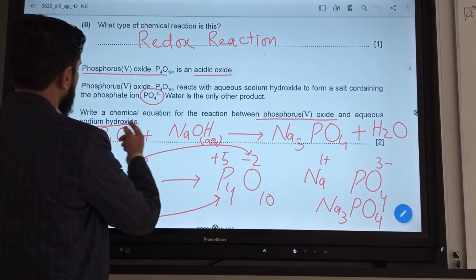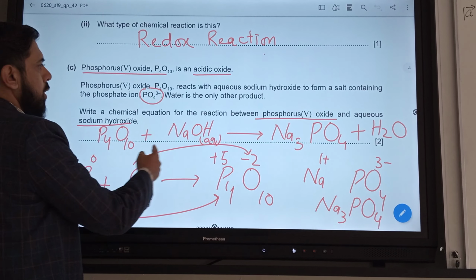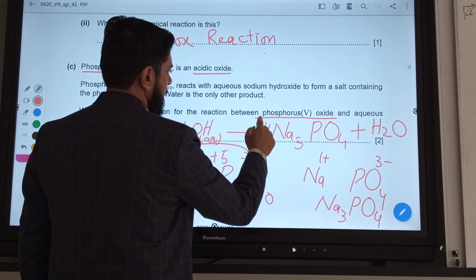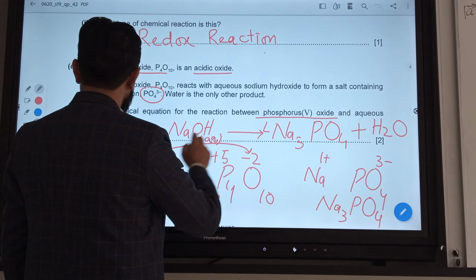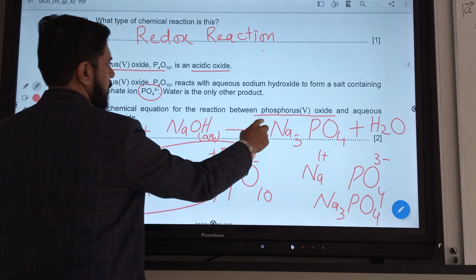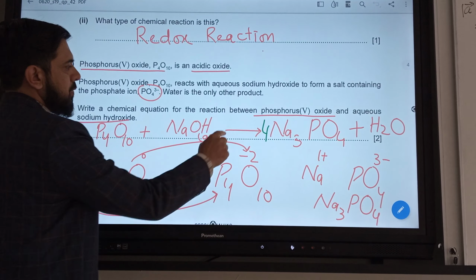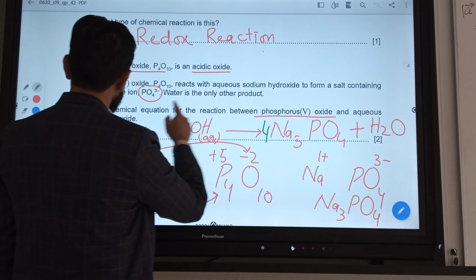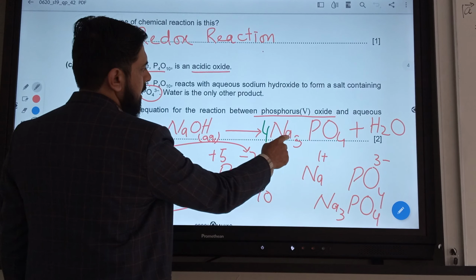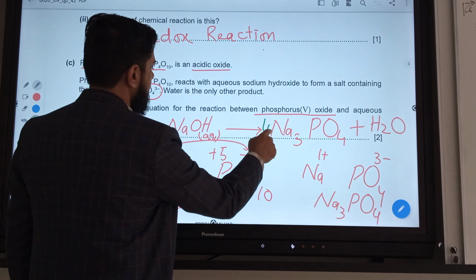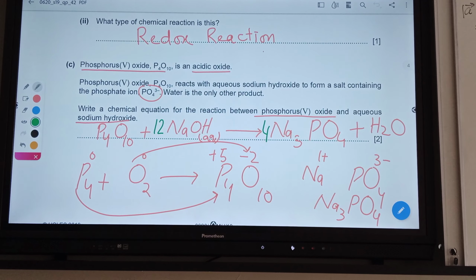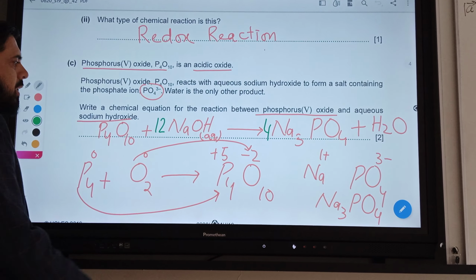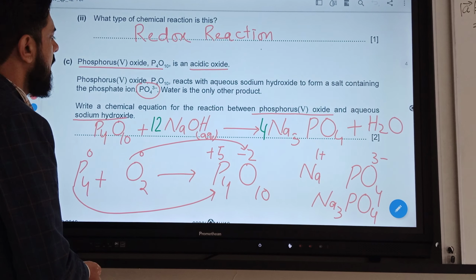How to balance? You check how many phosphorus we have over here: 4. To make phosphorus balance, place 4 over here. When you place 4, phosphorus is balanced. But how many sodium do we have? 4 3s are 12. To make it balance, we have to take 12 over here. Now sodium is balanced as well. The only thing which we have to balance is the hydrogen.